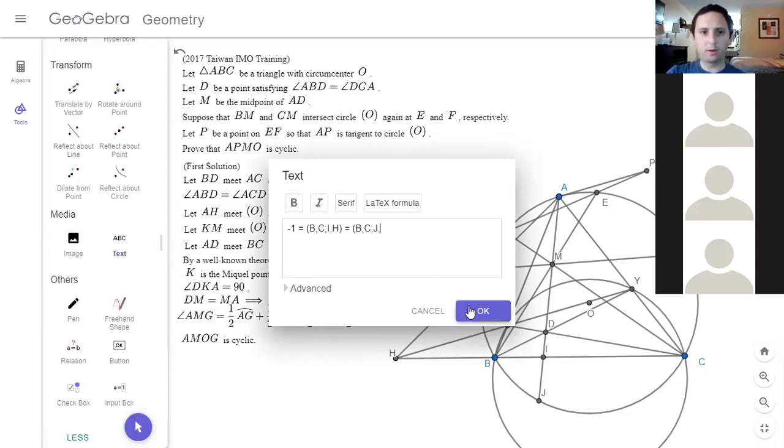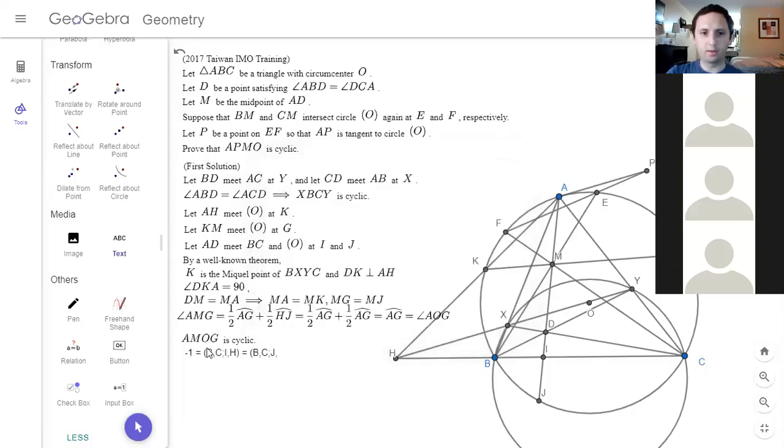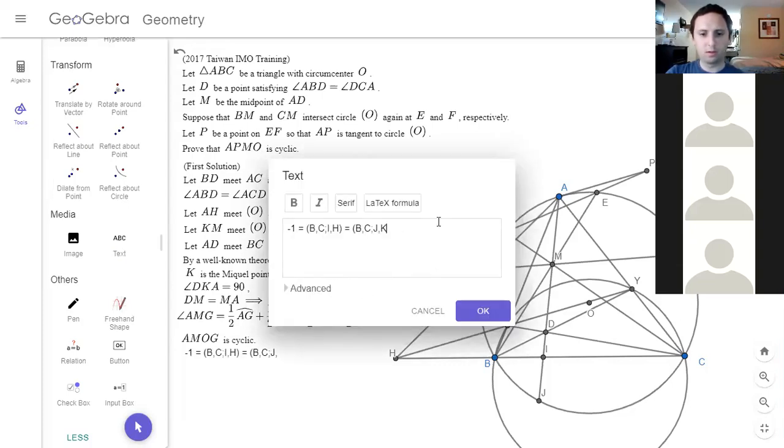What did I name the other point? K. And then which is equal to DC, projecting through M. It's EF, A, G. Okay, so that means that EFAG is harmonic.